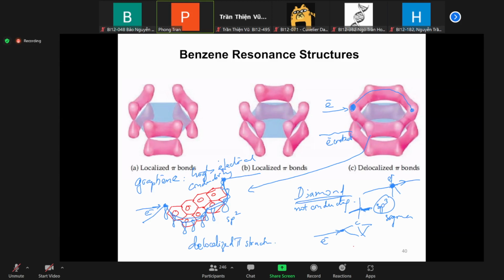In one case, for the graphene, thanks to the delocalized pi bond, you have excellent electron conductivity. On the other hand, you have a perfect structure of the diamond, which has no conductivity because all the bonds inside are sigma bonds with sp3 hybridization. Am I clear on this point?